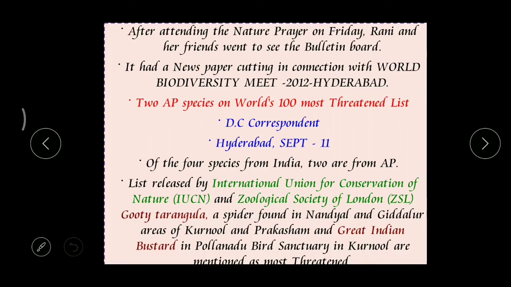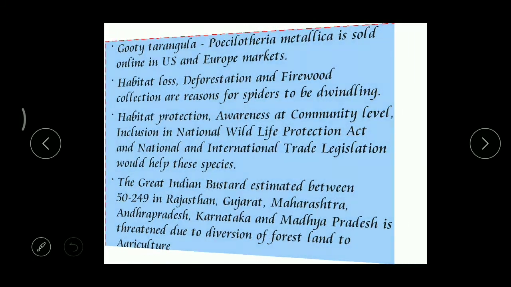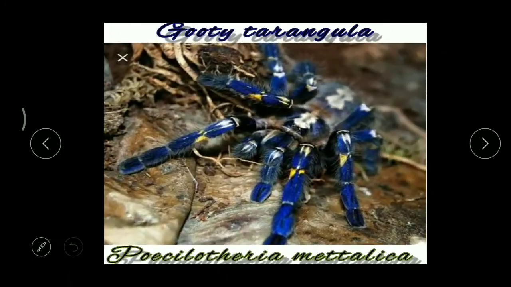Here you can find a Guti tarantula. See here, this is a picture. It's a spider, and it is technically called by its scientific name. You know the scientific name for human beings? Yes, it is Homo sapiens.